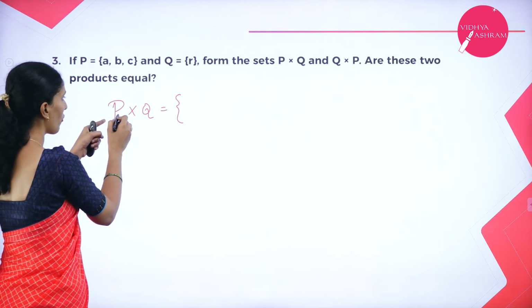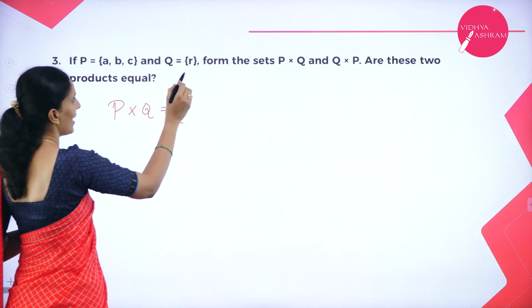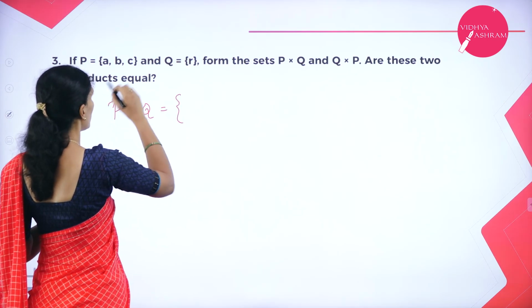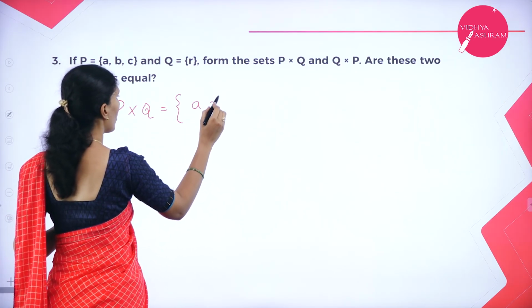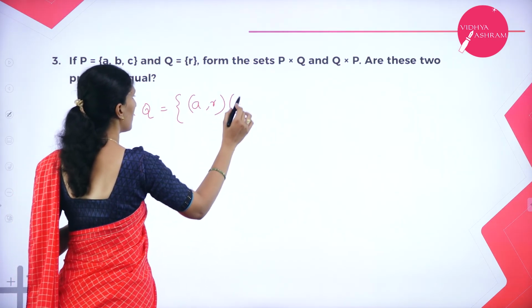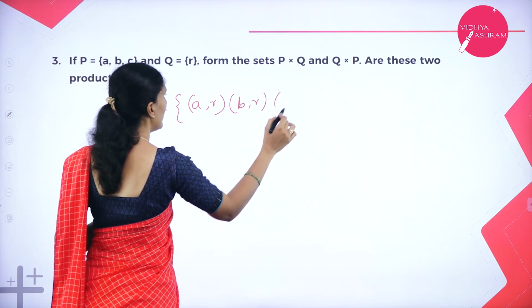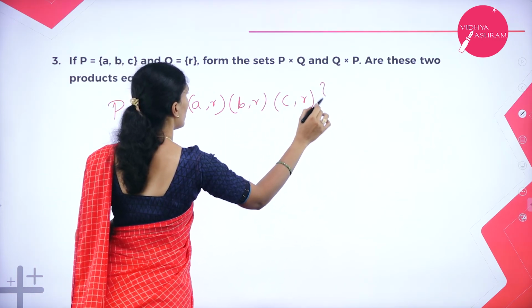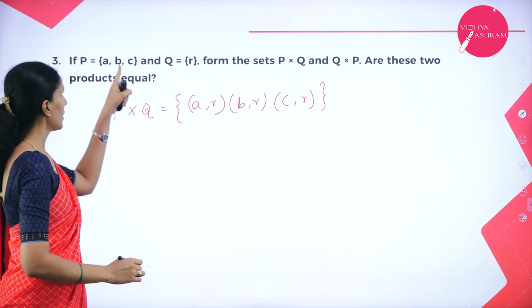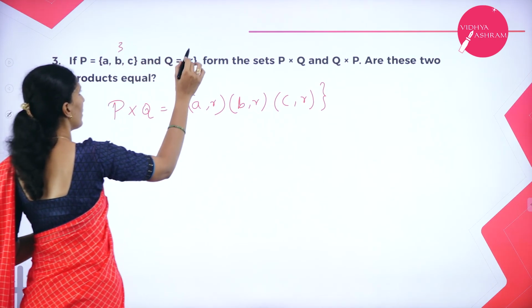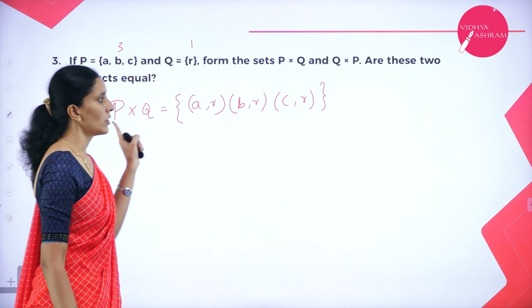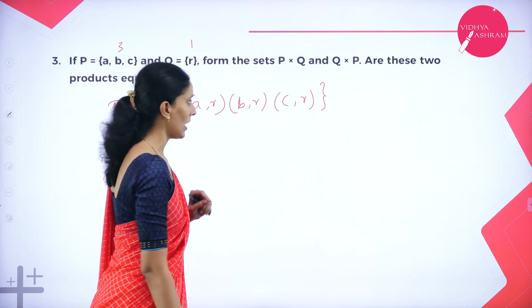First elements of P, then elements of Q. I have only one element here. So this will become (A, R), next (B, R) and (C, R). So that's all, because here we have 3 elements, here we have 1 element, 3 into 1. So P cross Q has 3 elements.